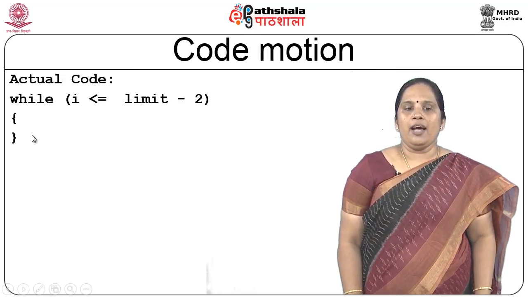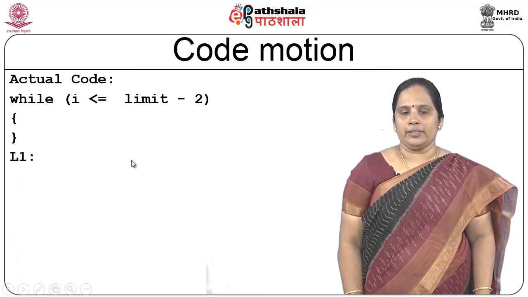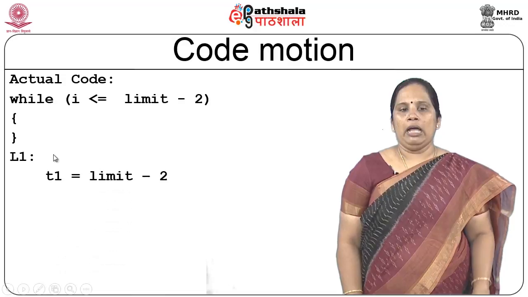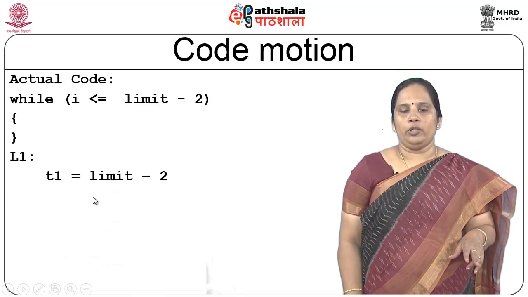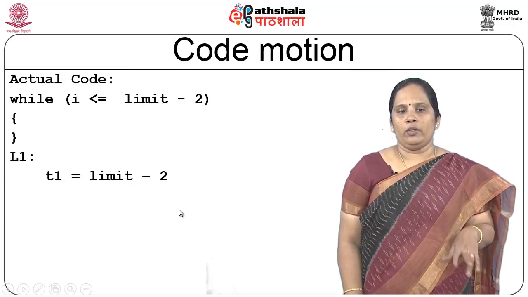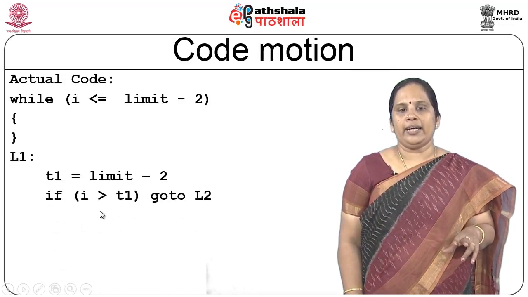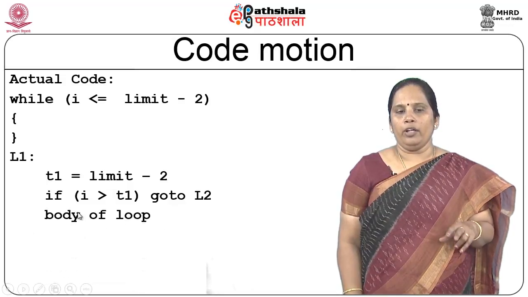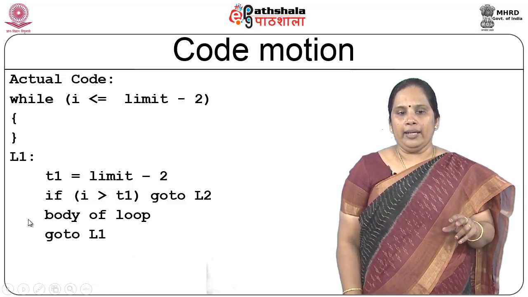If this has to be converted to a 3 address representation, how will it look? I will have L1 as the begin label, T1 is equal to limit minus 2. If i is greater than T1, go to L2, and then I have the body of the while loop here, then a go to L1, and I will have L2 here.